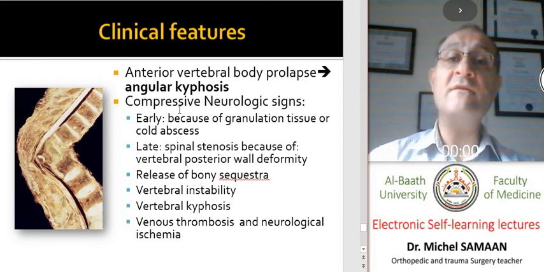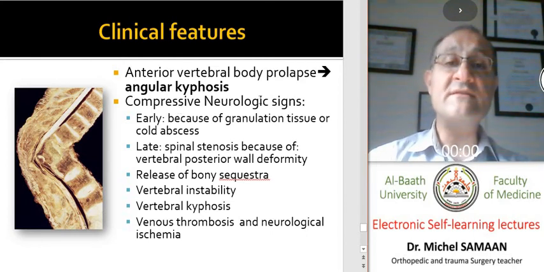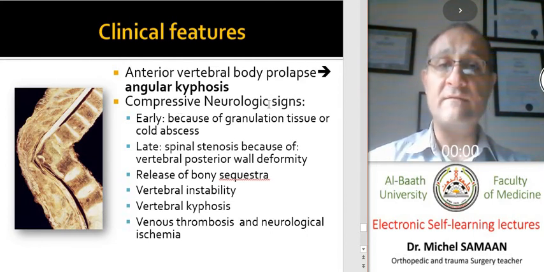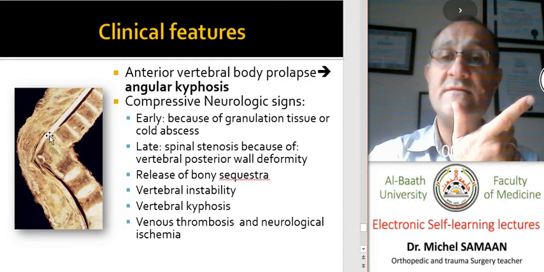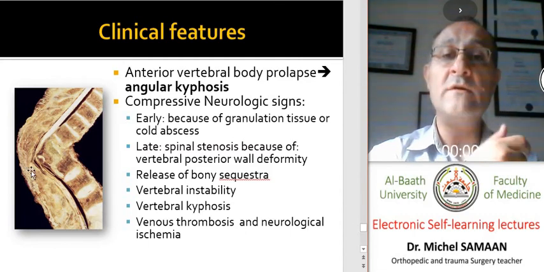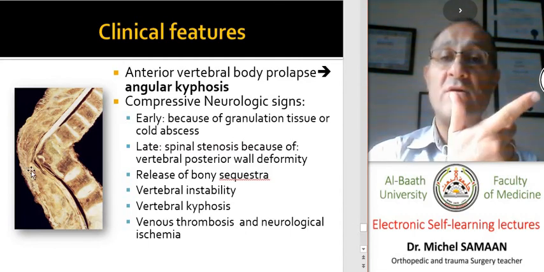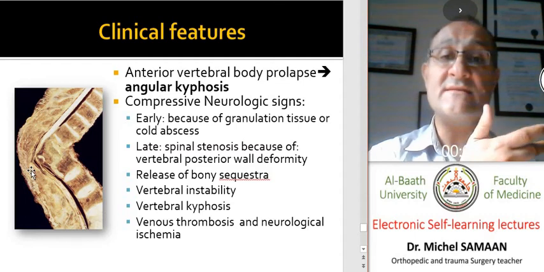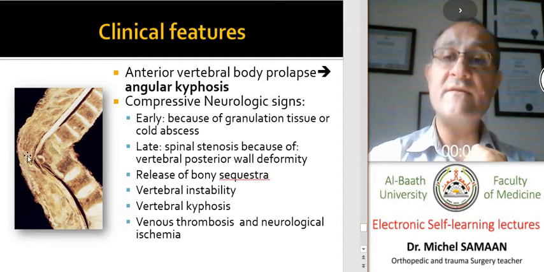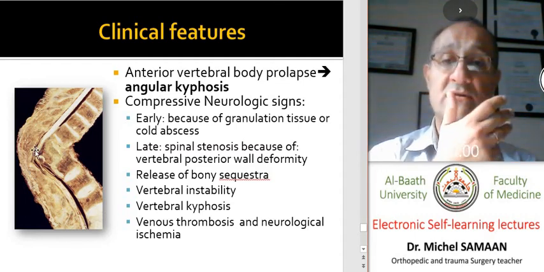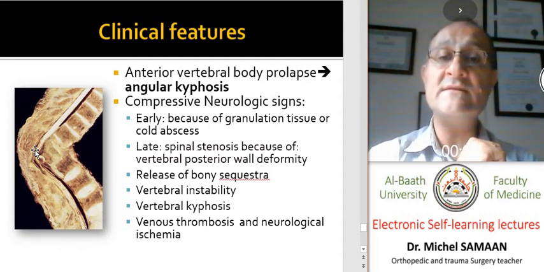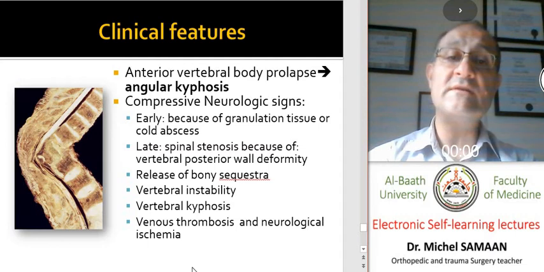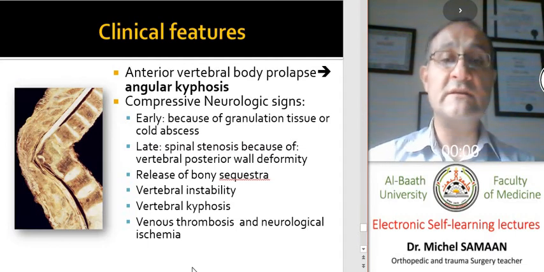And we may have some compressive neurological signs because of granulation tissue or abscesses, because of spinal stenosis, because of deformity of the posterior wall of the vertebra, because of the release of bone sequestra in the vertebral column, and because of vertebral instability, local kyphosis, and venous thrombosis, which cause neurological ischemia.